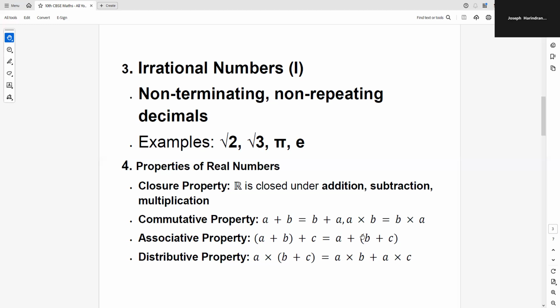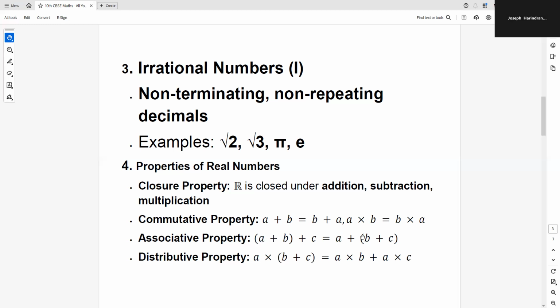That is called closure property. Whereas division is not closed. Division of real numbers is not closed, because when you divide a real number by another real number, you are most likely to get an irrational number, not a real number.